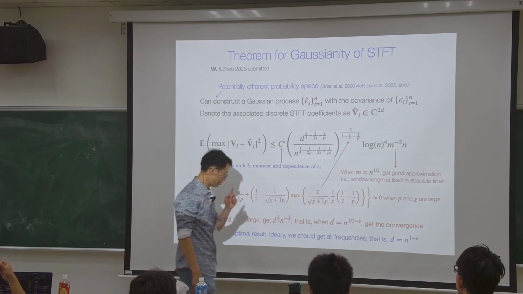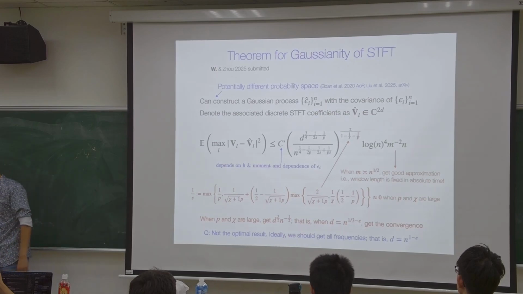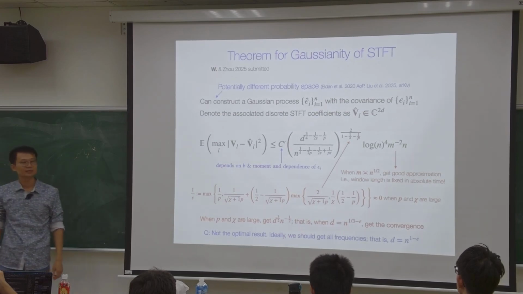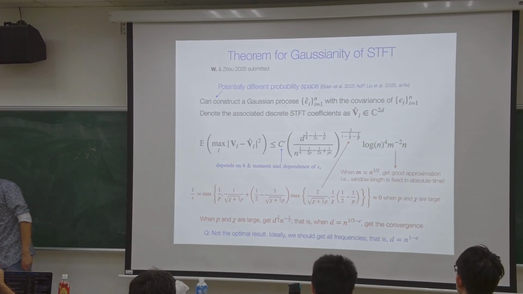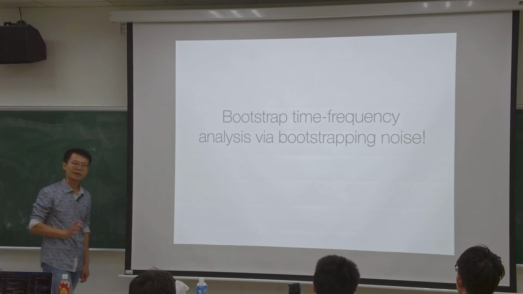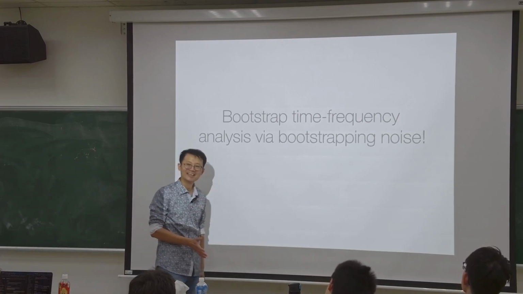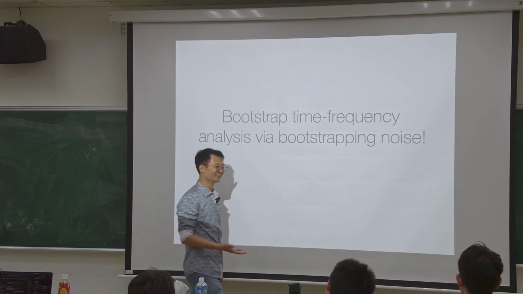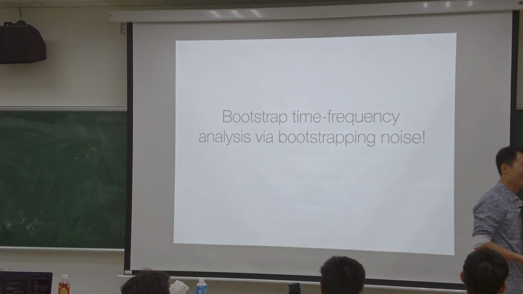I'm talking to probabilists, and hopefully someday I can show it, maybe 10 years later. Anyway, this tells you that we have Gaussianity, but it is already 4:10. I have 5 minutes, and I also want to give you some hands-on.